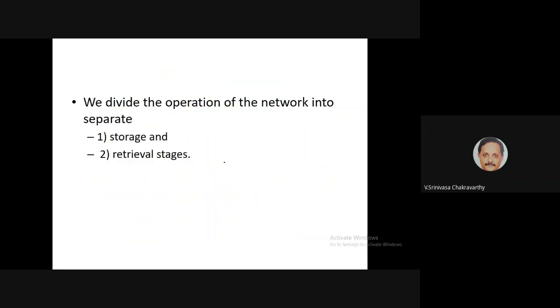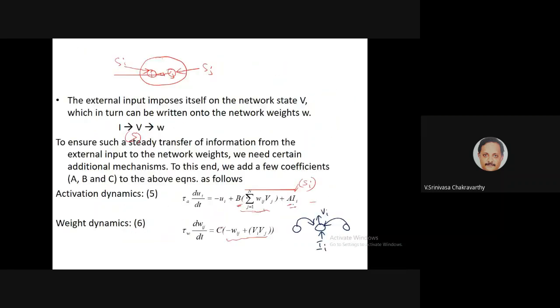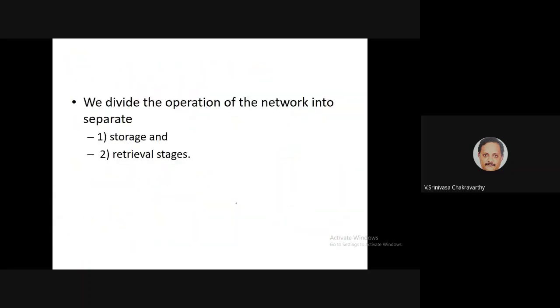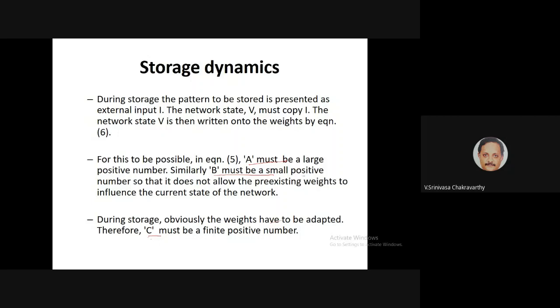Because there might already be some random weights that will influence the output of the current neuron. We don't want that. So I'll set B to 0, set A to a high value, and C is also a high value, so that the external input will write itself onto V, and then that will get written onto the weights.